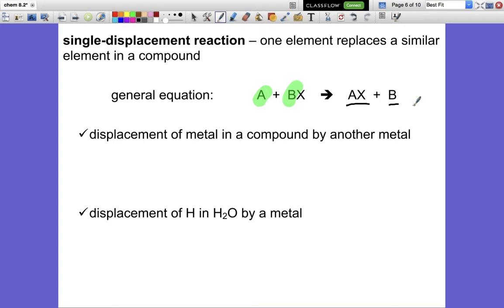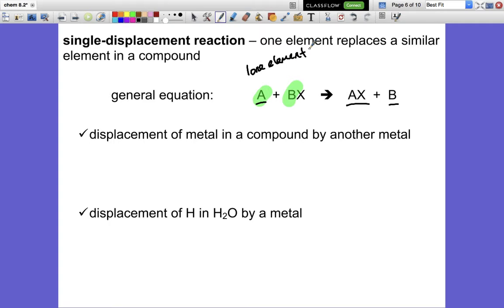When you're looking at a formula equation, and you want to identify it as being single displacement, what you're looking for is a lone element, which to me is easy to remember. Single, it's all by itself.